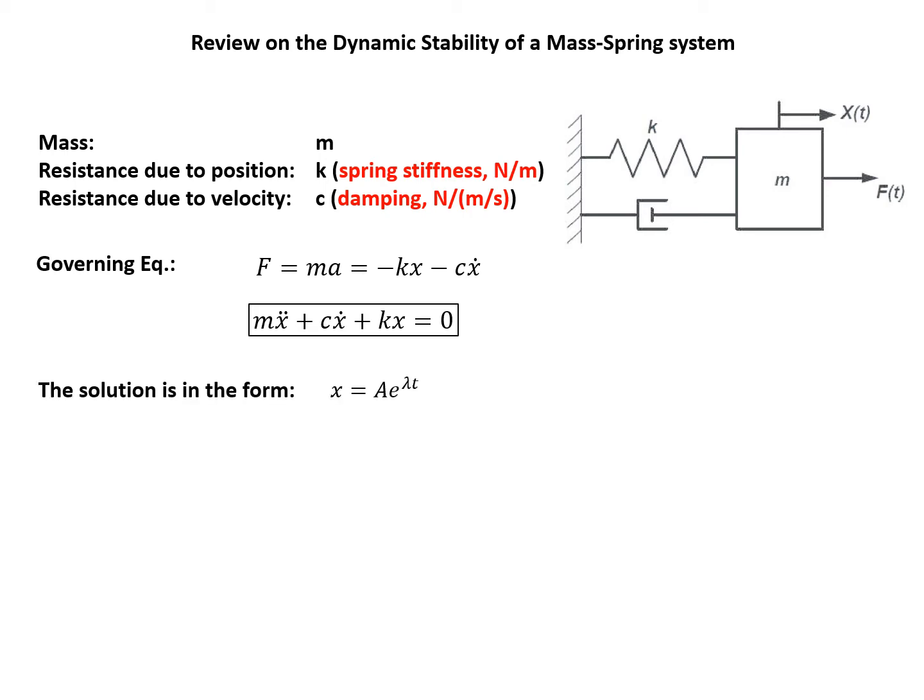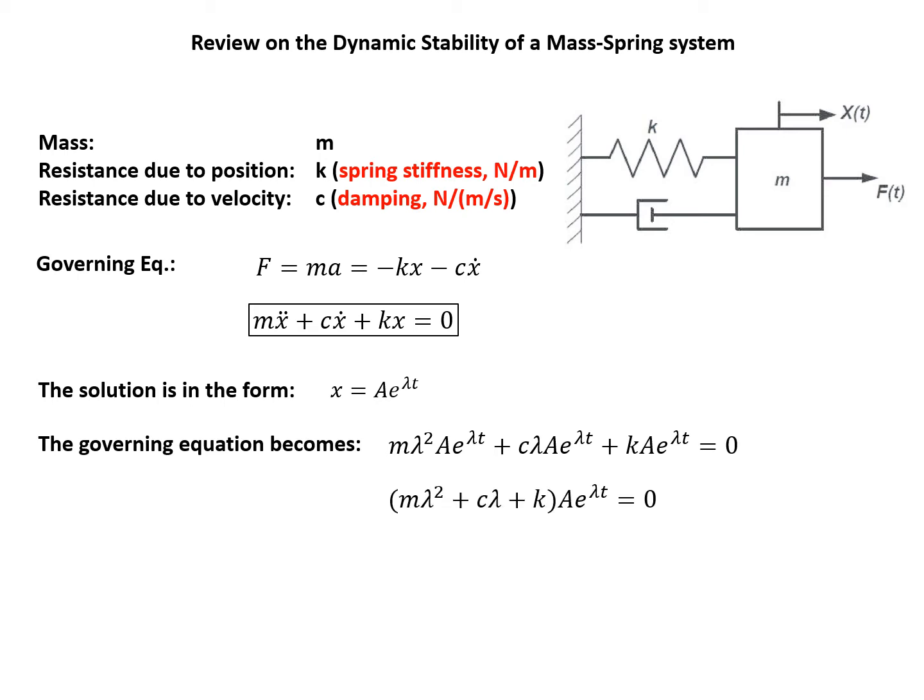Assume we have the solution in this form: x equals A times e to the power of lambda t. If we plug x into the governing equation, it becomes this. We take the common part, A e^(lambda t), and then we have this quadratic equation: m lambda squared plus c lambda plus k equals 0.